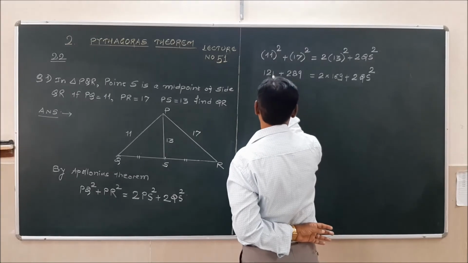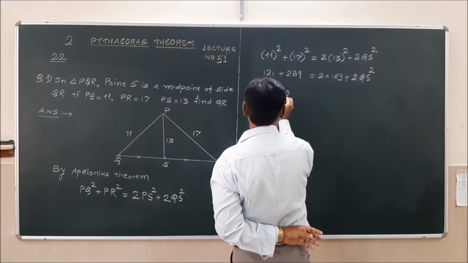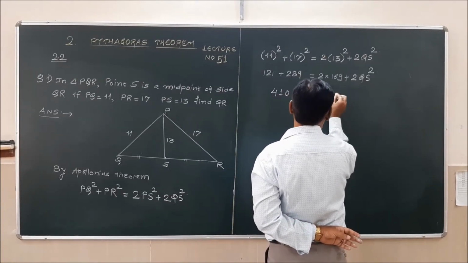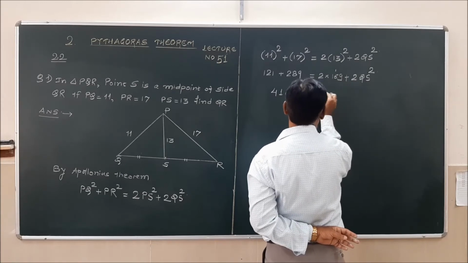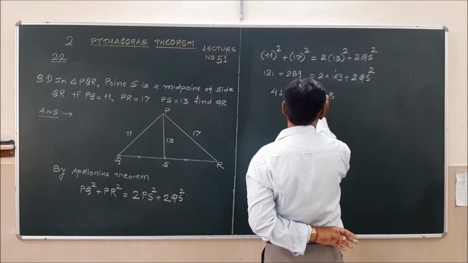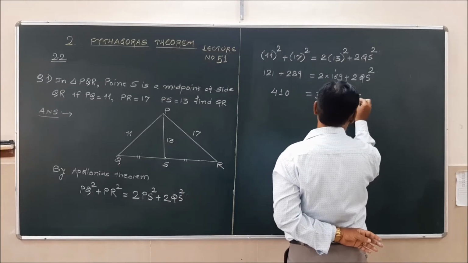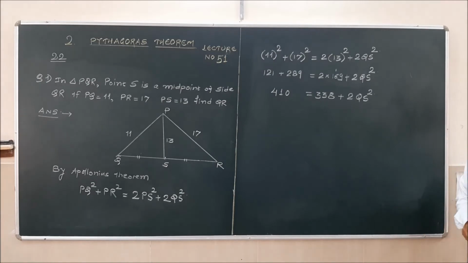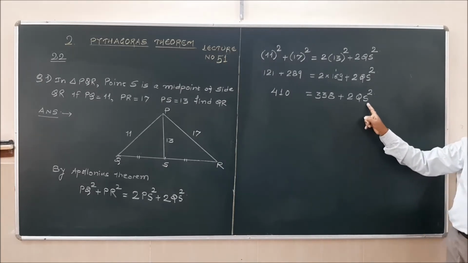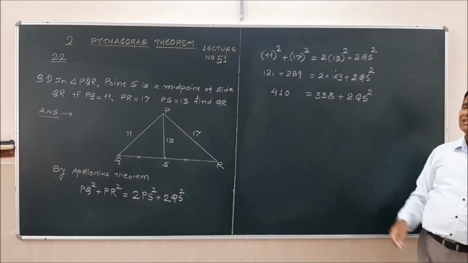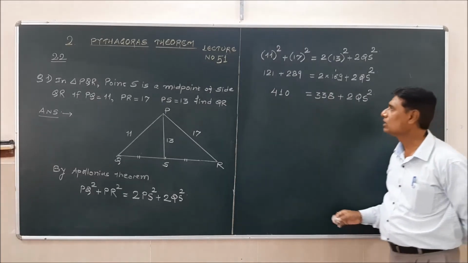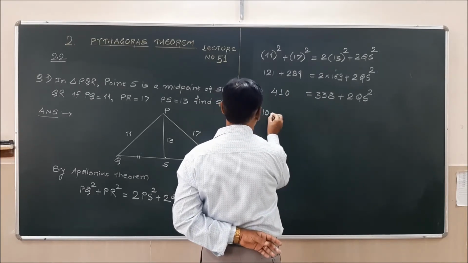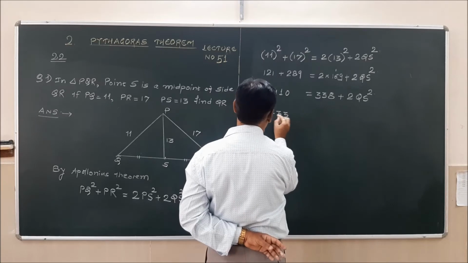Adding these two, 410 is equal to 338 plus 2QS square, because 169 into 2 is 338. Next step, minus 338.